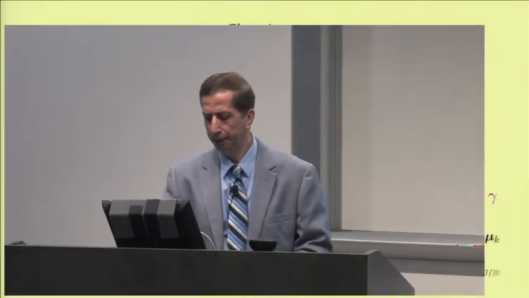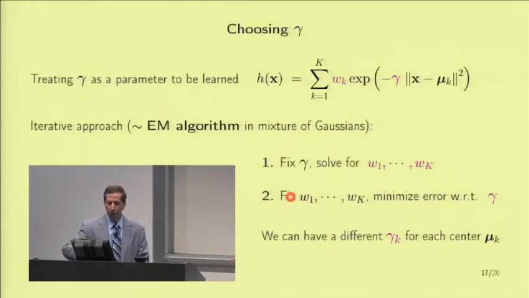And can you review again how to choose gamma? So this is one way of doing it. Here I am trying to take advantage of the fact that determining a subset of the parameters is easy.